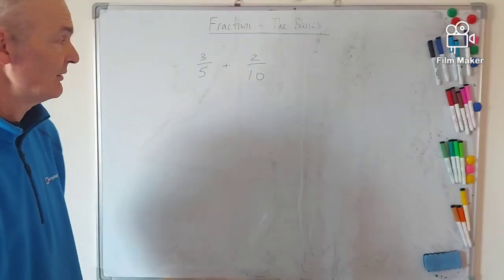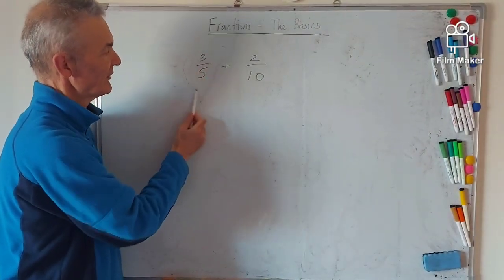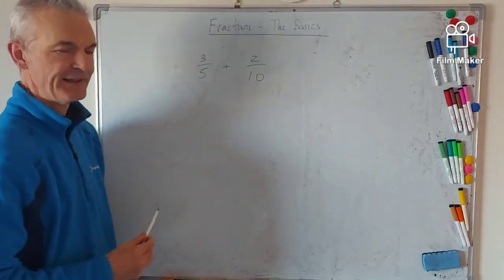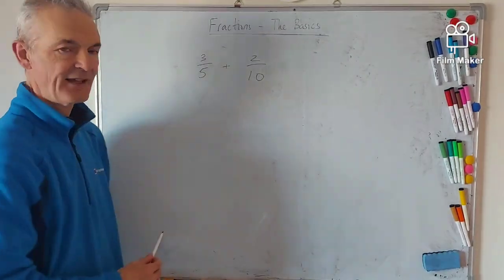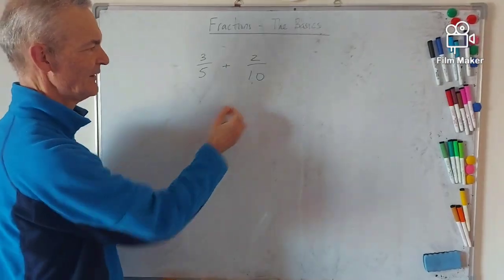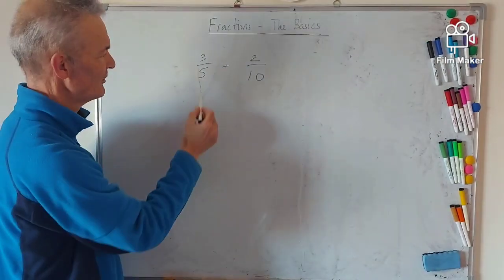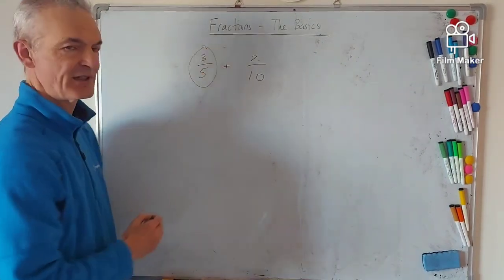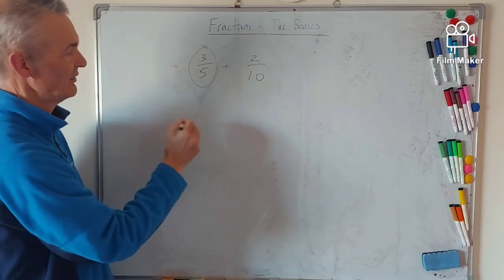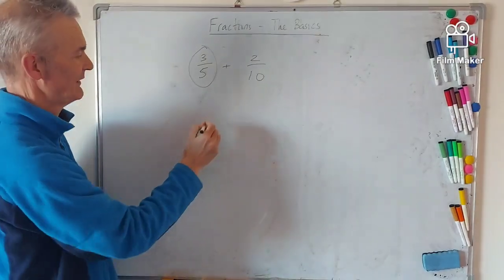Now, what we can do in this one, I'm looking at this fraction here, and I can see that if I was to double it, I would get 10 in the denominator, and that's what I want. I want it the same as the other one. So this one, I'm going to, if you like, upscale it. So I'm going to multiply it by 2. So I've got to multiply the top and the bottom by 2.